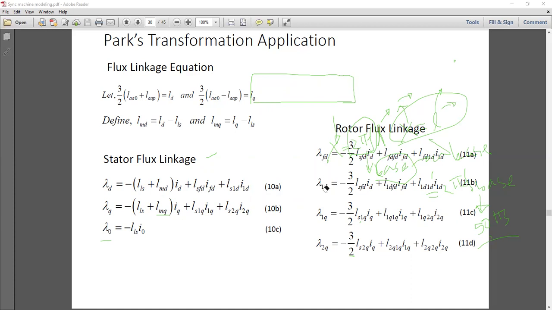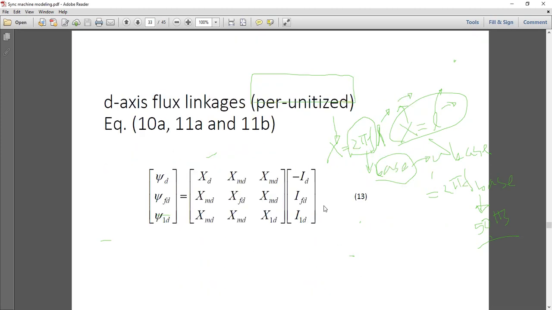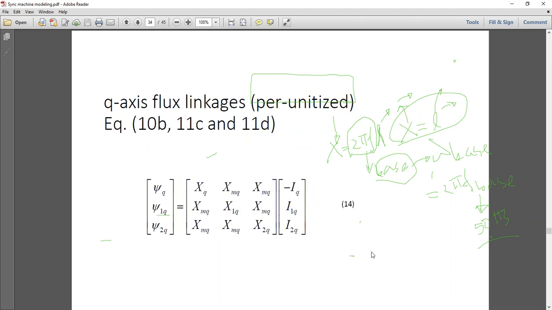Another one is lambda 1D. So we group them now. Previously in this slide, we were grouping the flux linkages like stator flux linkage and rotor flux linkage. But later on, in equation 13, we are grouping them like the D axis flux linkages, where we see that now the mutual inductances or mutual reactances are exactly the same for all the circuits.